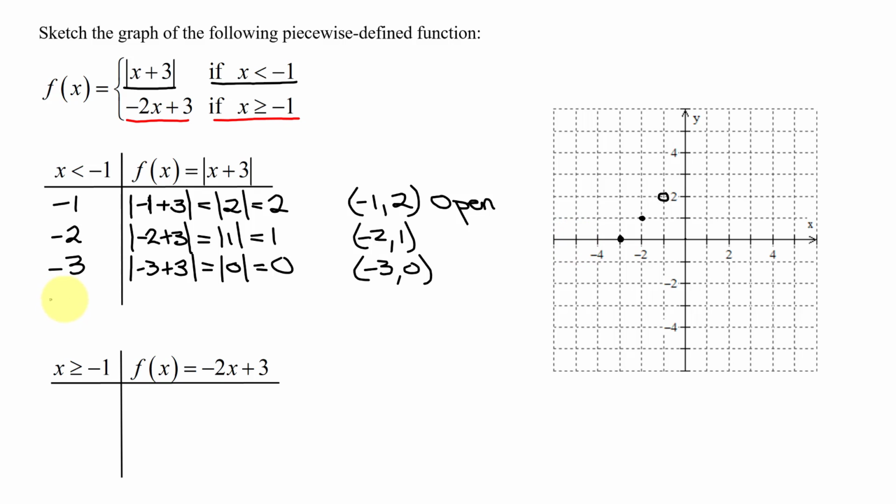Keep moving to the left, when x equals -4, I have the absolute value of -4 plus 3, which is the absolute value of -1. The absolute value of -1 is 1. So I get the point -4, 1. So that point is here.